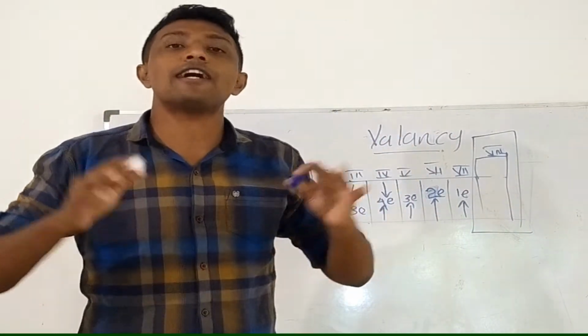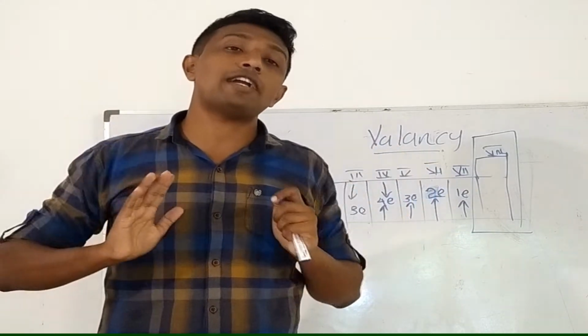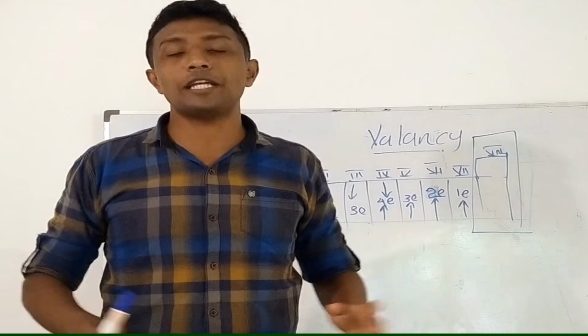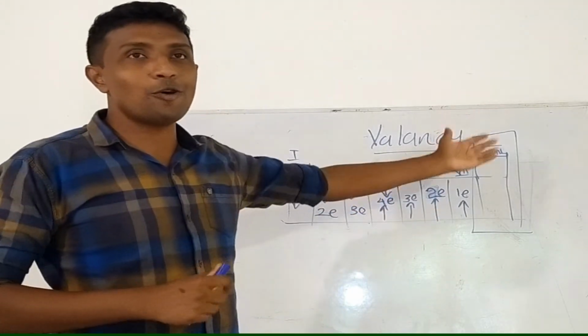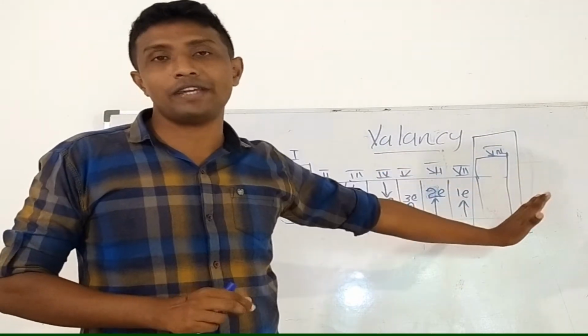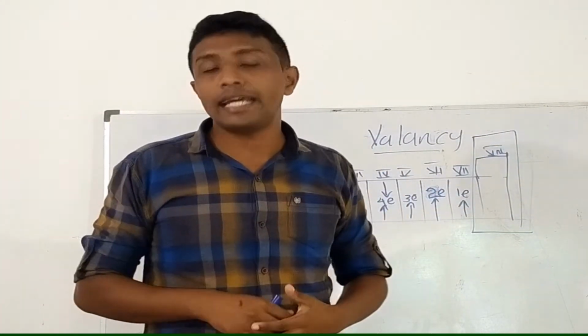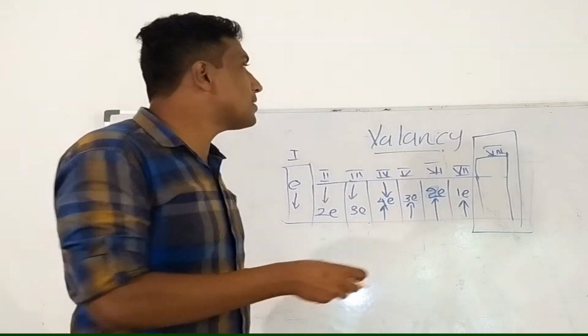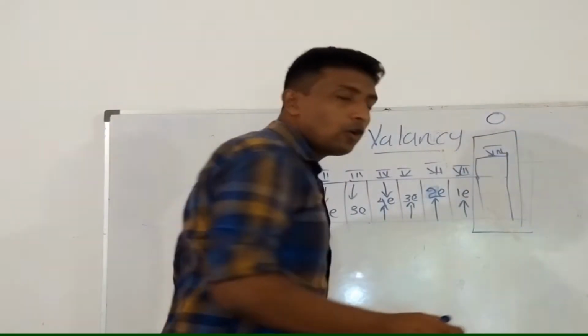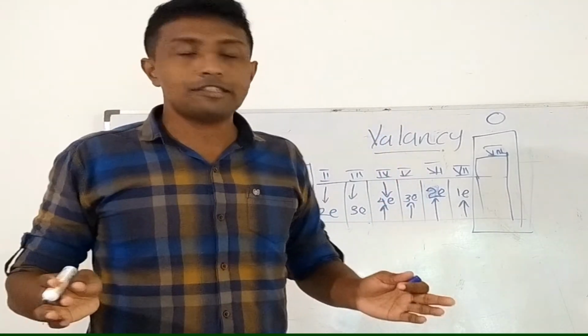Of course, yes, they are noblemen. They neither give nor take. They keep what they possess, which is sufficient for them to sustain. Like noble people, they are noble gases. They will not be involved in reactions. They do not want to contribute or take electrons. So their valency will be 0 because they are not going to contribute.